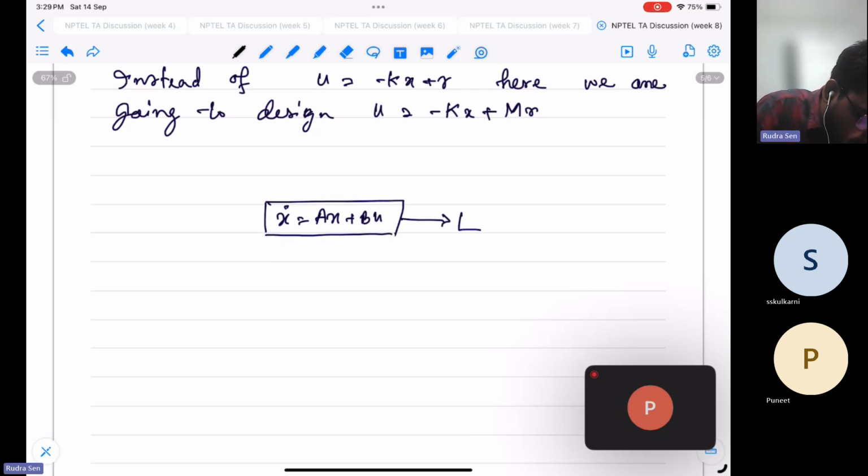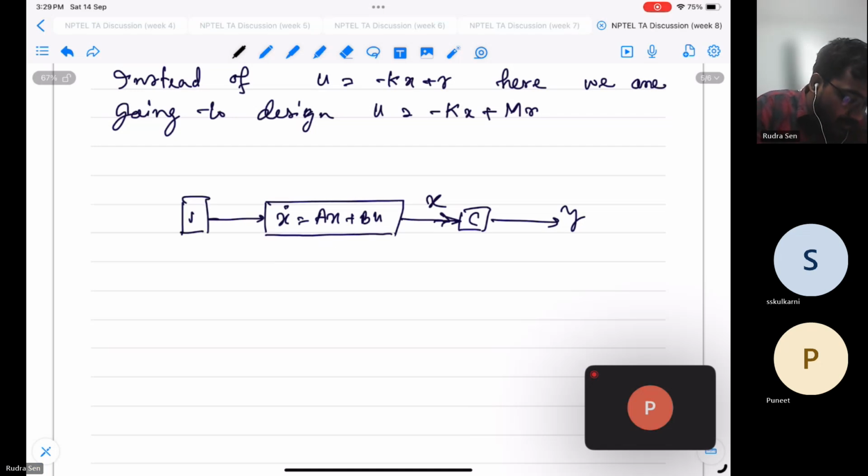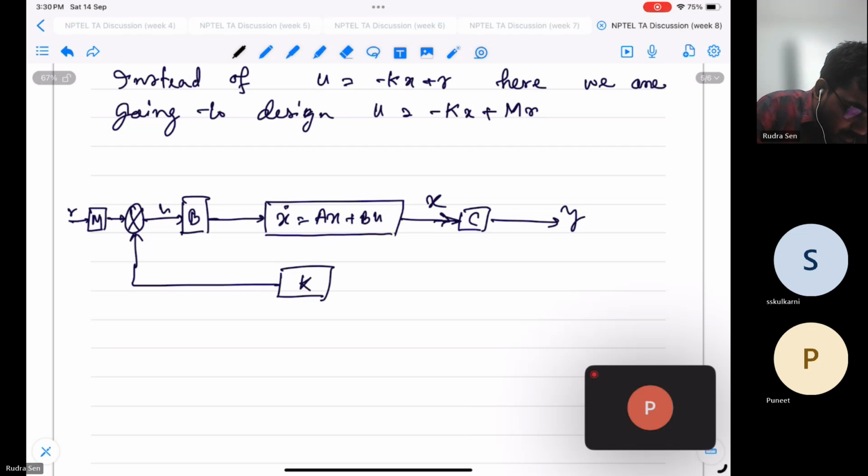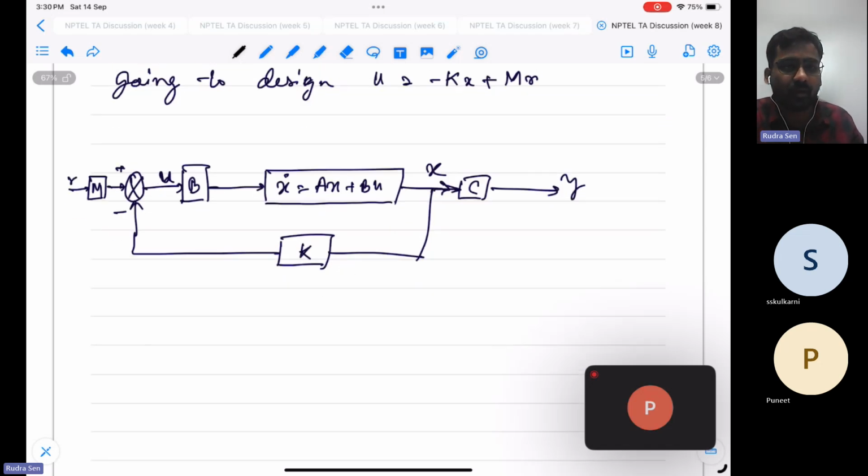So this is x, this is C, this is y, this is B, here u, and here is M. This is r, and this is K. So here I'm going to design M.